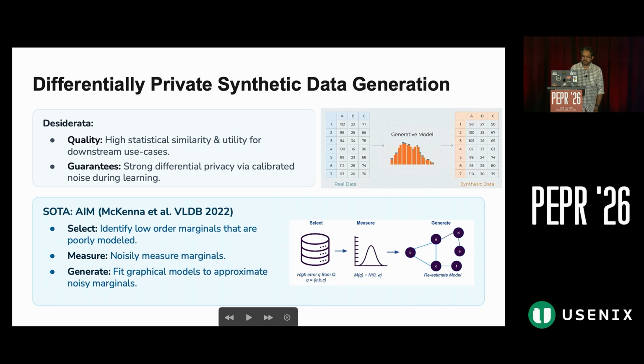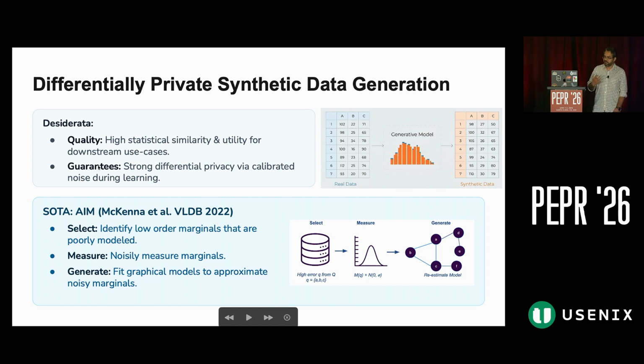And one key thing to note here is I'm going to introduce the AIM algorithm, which Mihail also talked about a little bit. I'll introduce it because it's the current state of the art, right? It essentially follows this very simple paradigm, right? You have a tabular data set.